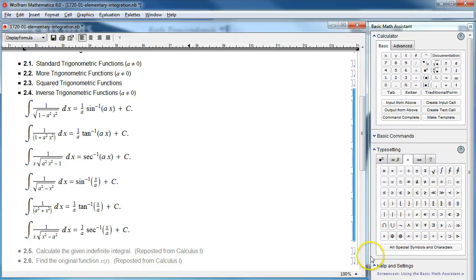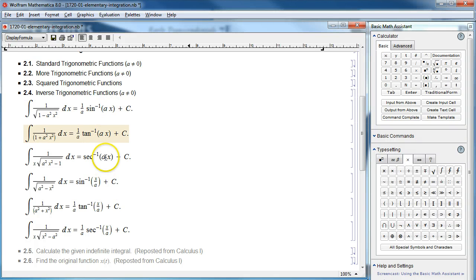But in any case, derivative of arcsine is 1 over square root of 1 minus x squared. Derivative of arctangent is 1 over 1 plus x squared. And derivative of arcsecant is 1 over x square root of x squared minus 1. And then here we are, because of those a inside, we have those recurring theme of this 1 over a, but not always, so these are kind of tricky.